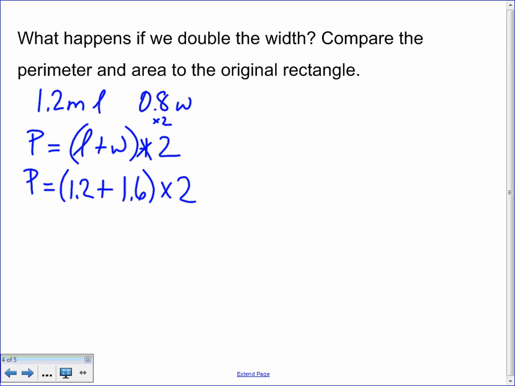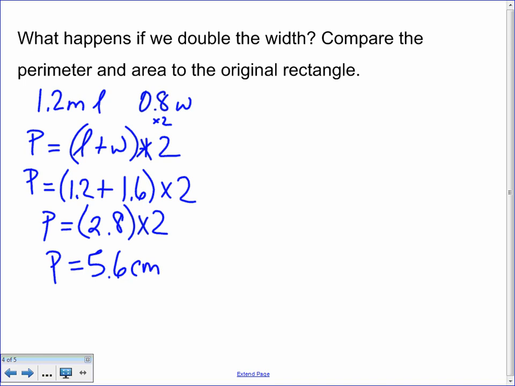So I have 1.2 plus 1.6, which is 2.8, times 2. My perimeter is 5.6 meters.